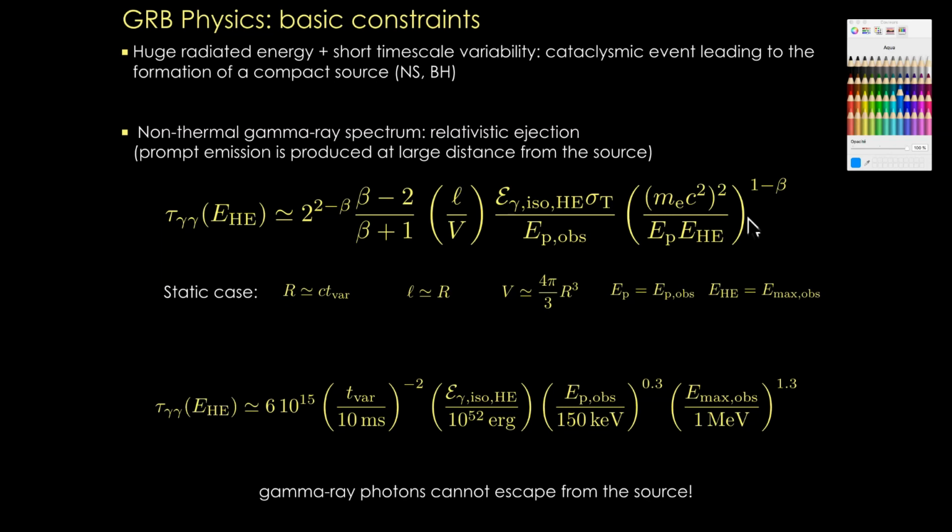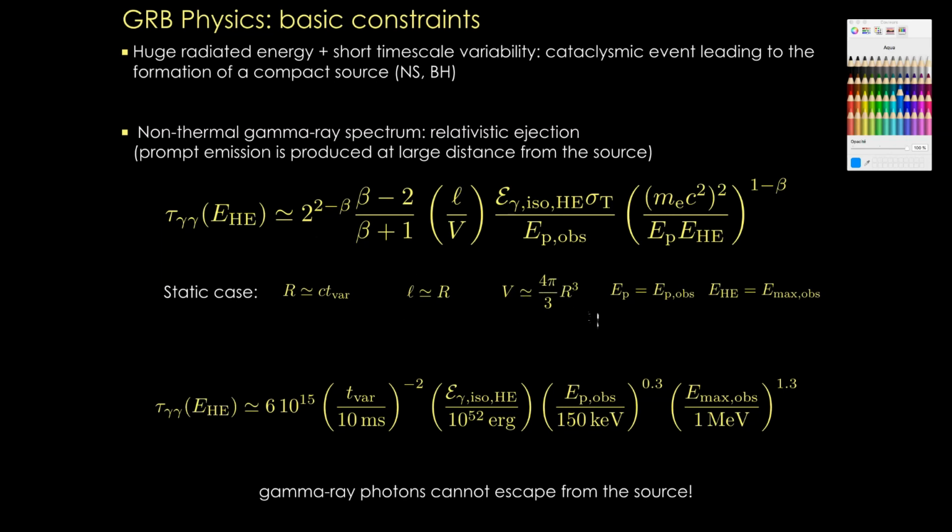So now the idea is that I would like first to evaluate this quantity, this optical depth, for a static source. So for a static source, from the causality argument, I can assume that the size is of the order of c, the speed of light, times the variability timescale observed in the gamma ray burst. So I take that for the size of the region.